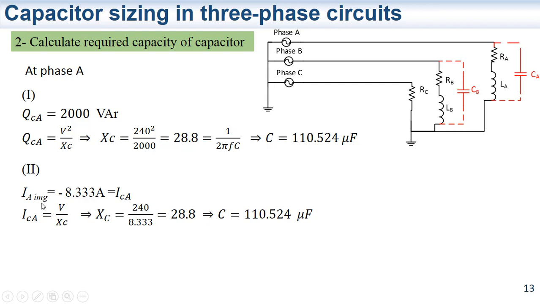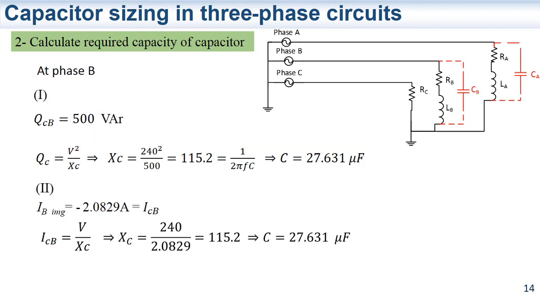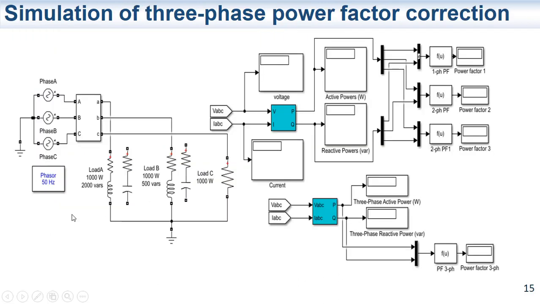Or we can use the imaginary part of the current, which is 8.3 ampere, in order to find the capacitor size. Now for phase B, the reactive power required is 500 volt ampere, and the capacitor will be smaller than the required in phase A. It's only 27 microfarad. The same value we can obtain by pushing the imaginary part of the current flowing through phase B to 0. The circuit is simple.